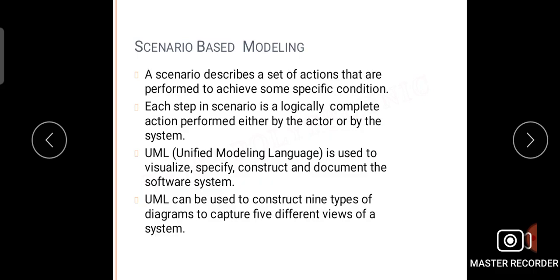Unified Modeling Language is used to visualize, specify, construct and document the software system. UML can be used to construct 9 types of diagram to capture 5 different views of the system. So which 9 types and which 5 different views of UML?